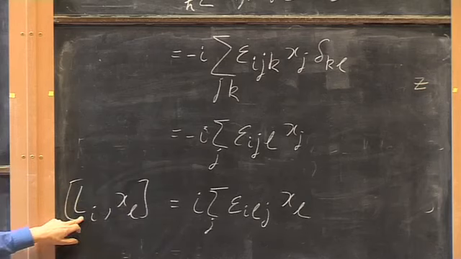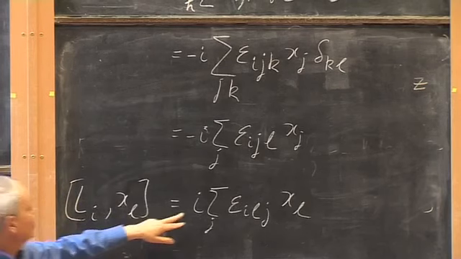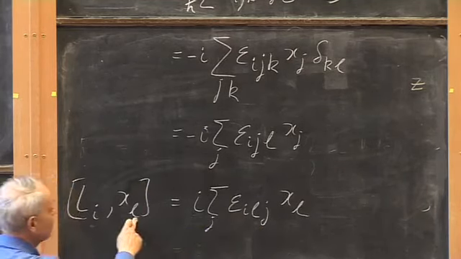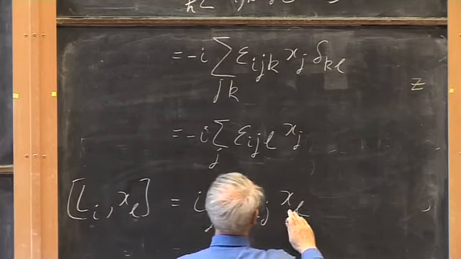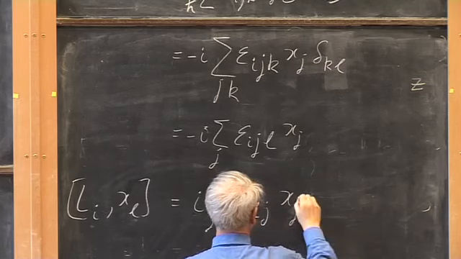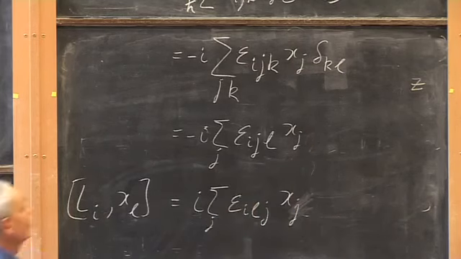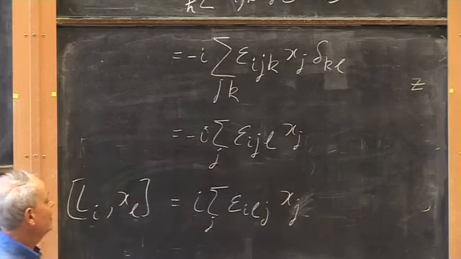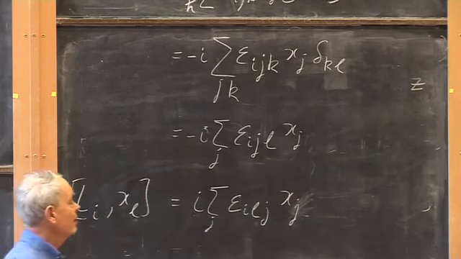The commutator of Li with xl is i times epsilon ilj xj, summed over j. So between here and here, I've merely reversed the order of the subscripts on the epsilon, picking up a minus sign.